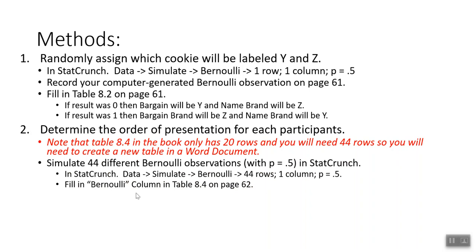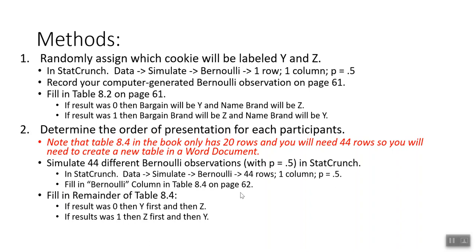I will do this step in StatCrunch, and you will watch the video. We will simulate 44 different Bernoulli observations. So 1 and 0 are both equally likely in StatCrunch, and you will fill in the Bernoulli column in table 8.4 on page 62.